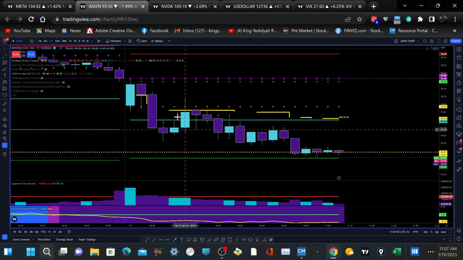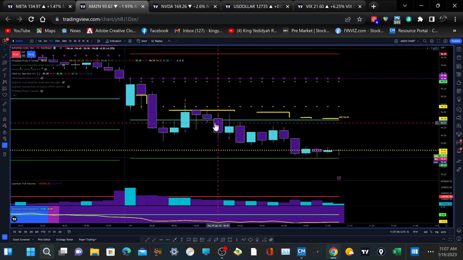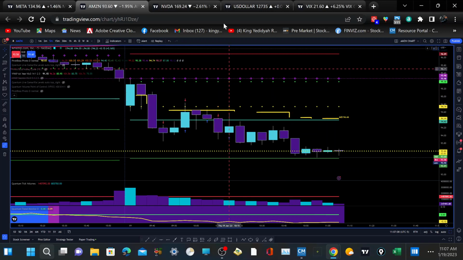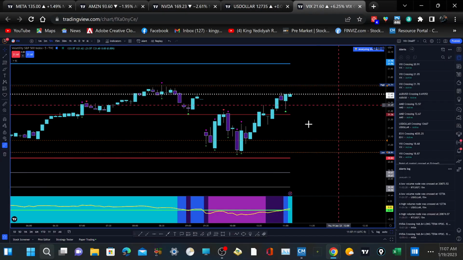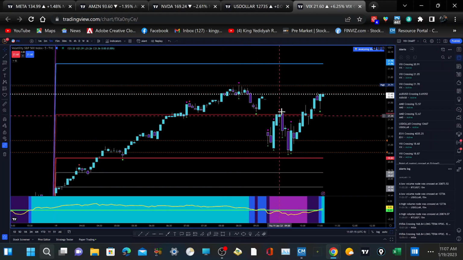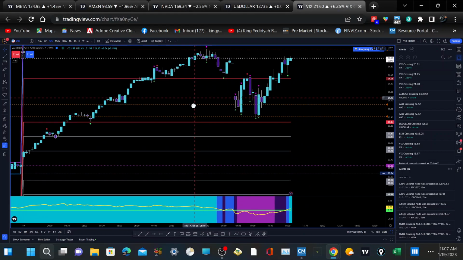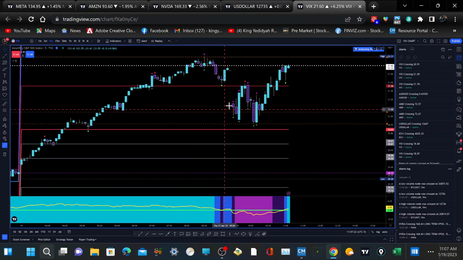I did take a couple trades, but I lowered my share size because I realized what's going on. It's kind of topsy-turvy. You don't know exactly where things are going. Looking at the VIX here, the VIX is pulling down, pushing up, pulling down, pushing up. You don't know exactly what's happening, so it's not picking a direction. So managed my risk and took a small loss today, and that's trading, man.